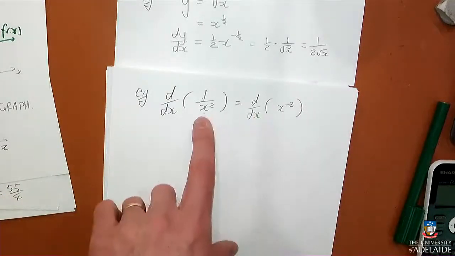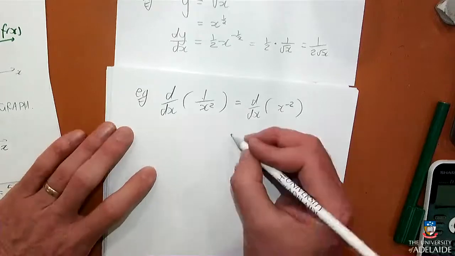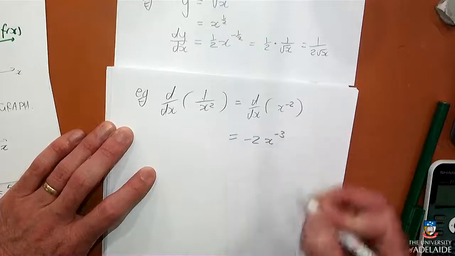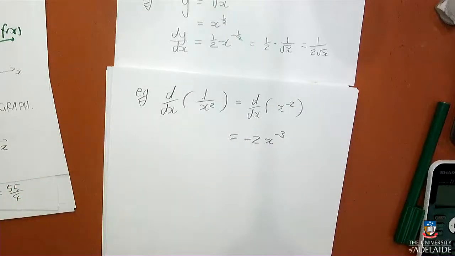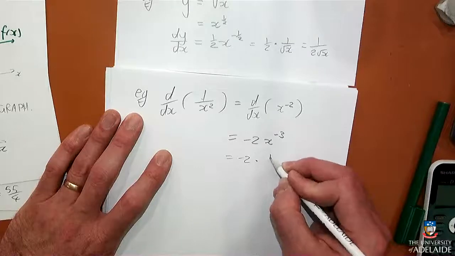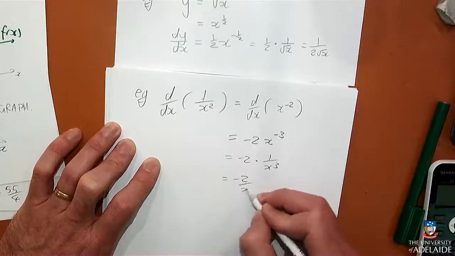So 1 over x squared is the same as x to the power of minus 2. And x to the power of minus 2, well, when I do the derivative of that, it will be multiplied by the current power and put the power down by 1. So that exponent of minus 2 went down to minus 3. And I know that x to the minus 3 is the same as 1 on x cubed, and so I get minus 2 on x cubed.